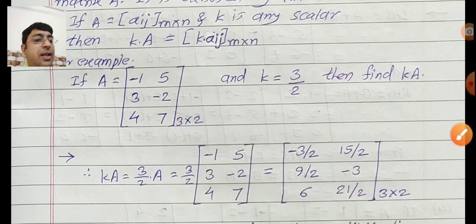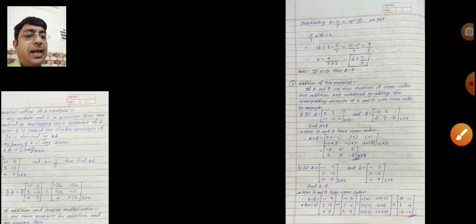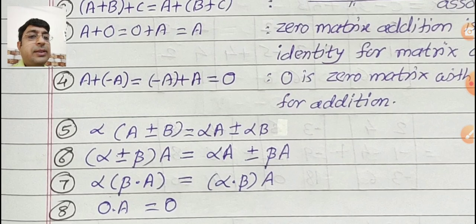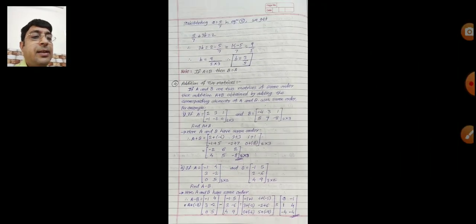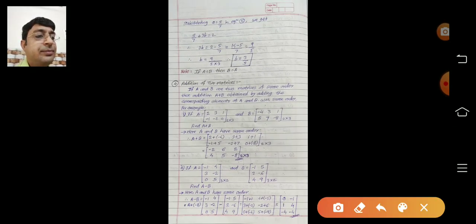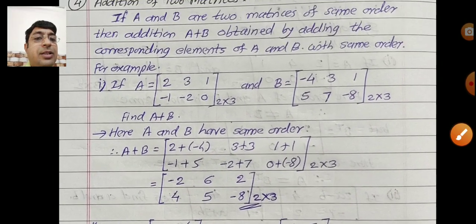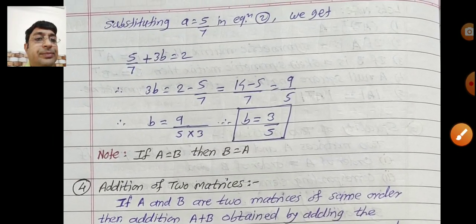That is the answer having the same order. This is the answer of K into A. Check there.